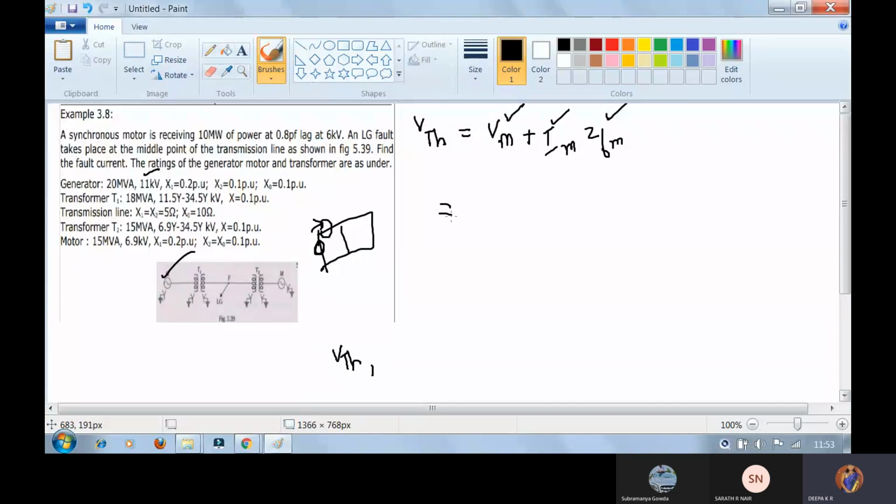It is 0.909 at an angle of 0. Then IM into ZF. ZF is not calculated yet, so you have to calculate it from all the Z values available: 0.2, 0.12, 0.046, 0.046, 0.146 and 0.19. Here ZFM is with respect to the second line, meaning this transmission line and transformer. So please can you do the calculation of it?